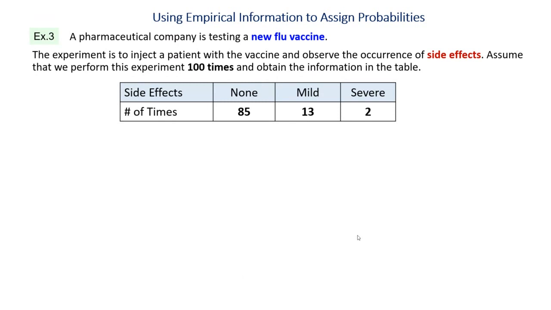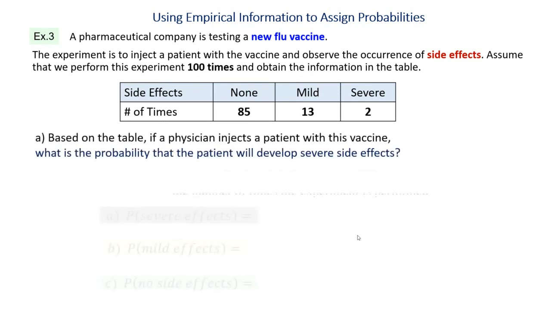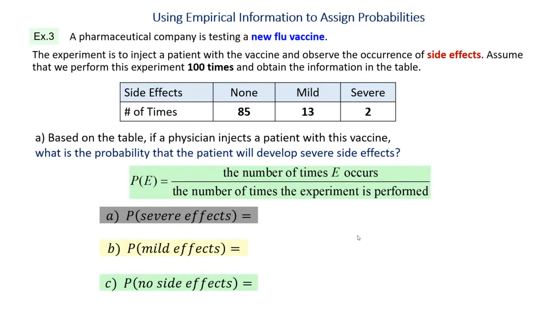Suppose that the flu vaccine was tested 100 times, and the company got 85 cases of no side effects, 13 cases of mild side effects, and 2 cases of severe side effects. What is the probability of getting severe side effects? You see the definition: the number of times the event, now severe side effects, has occurred, 2 times.